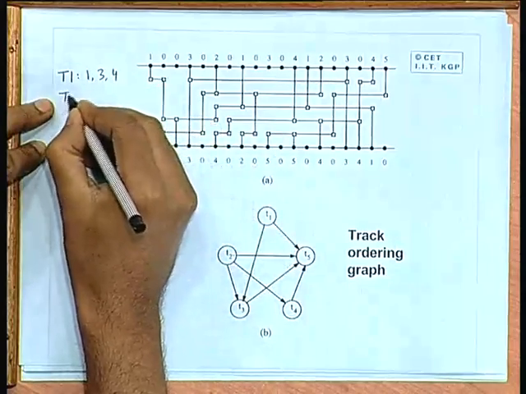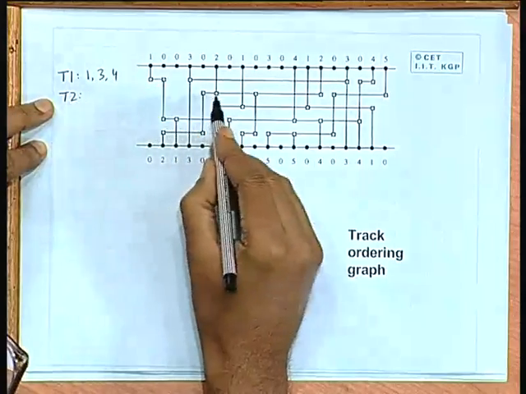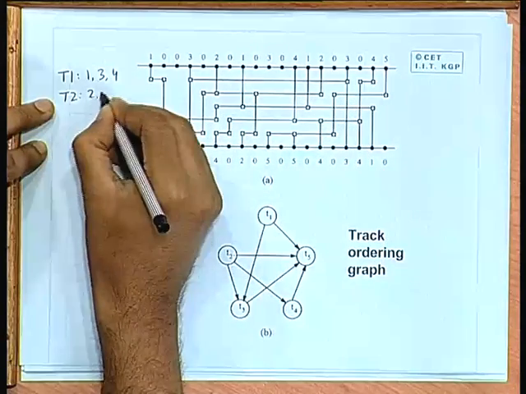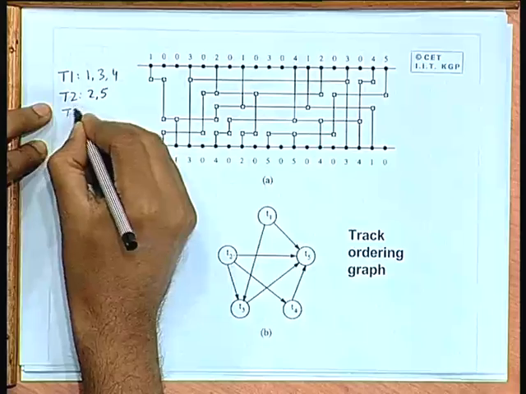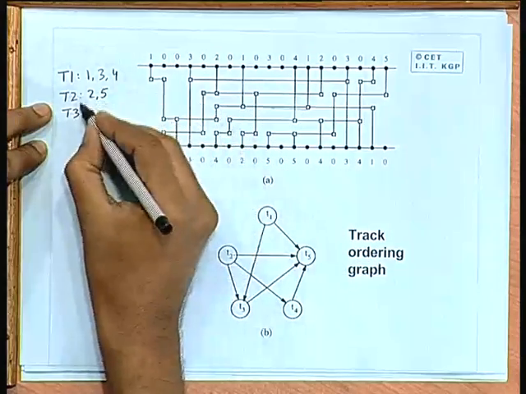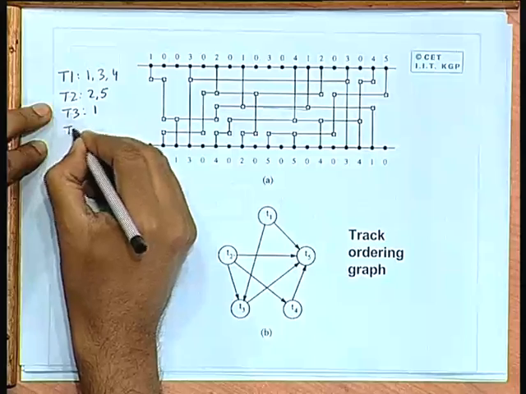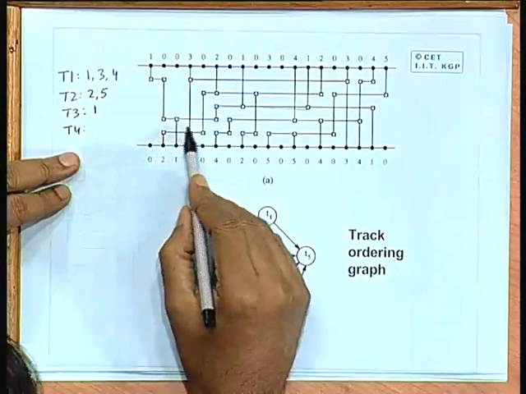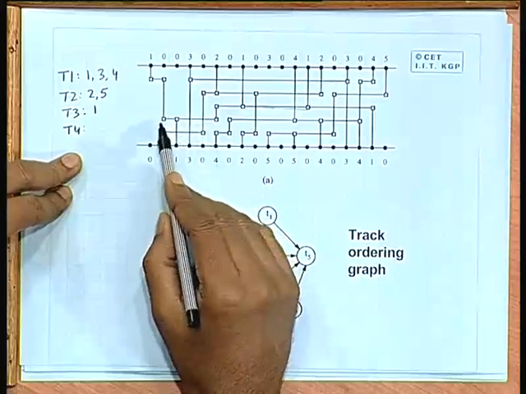Track number 2 has 2 and 5. Track number 3 has only net number 1. Track number 4 has, well, there is a dogleg here.